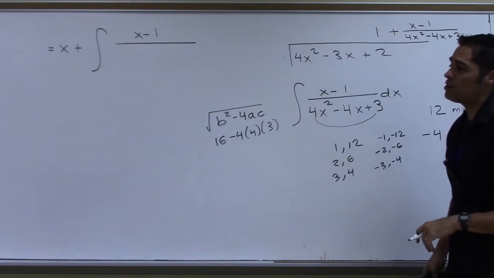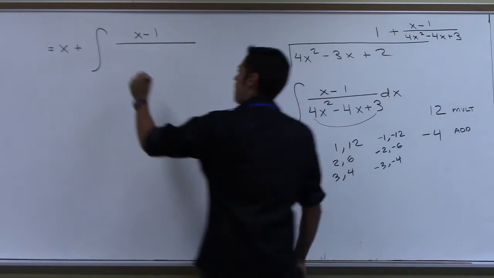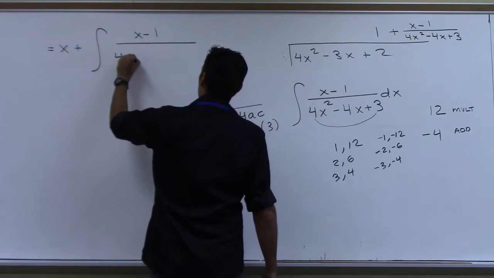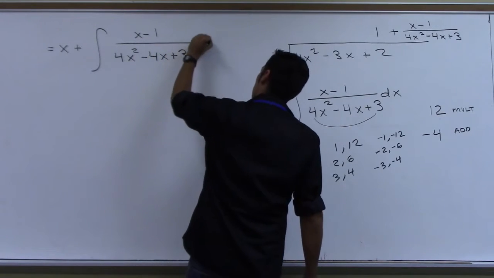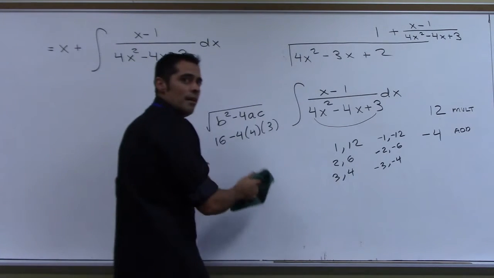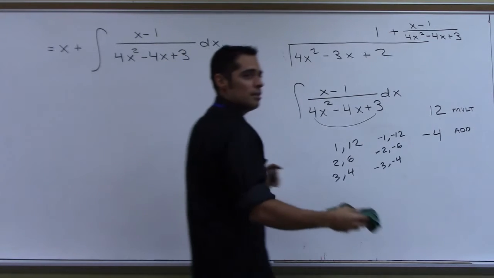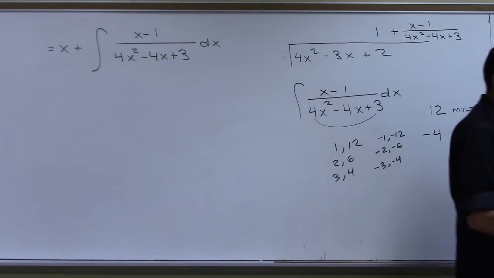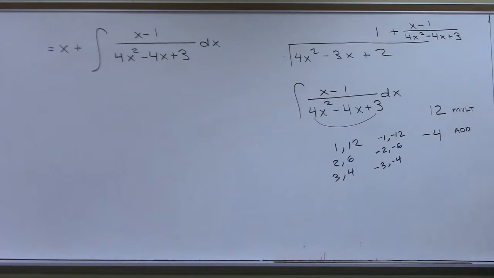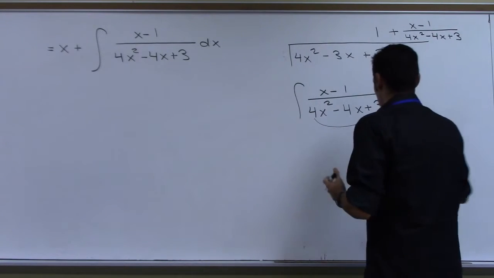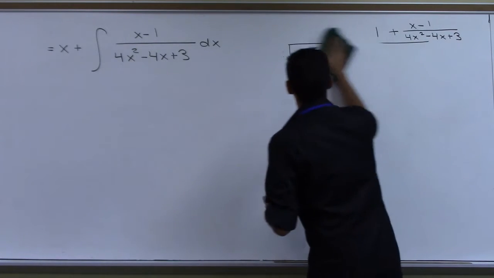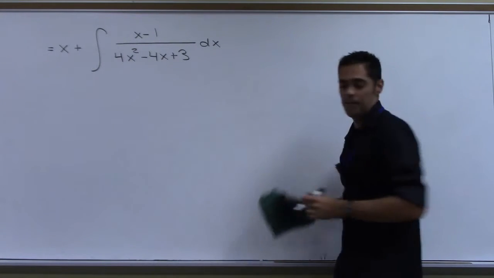So we are stuck now with a linear expression over an irreducible quadratic, right? And we're moving on. Paul, Luke, Matthew, how do you deal with a linear expression over an irreducible quadratic? How did I show you?